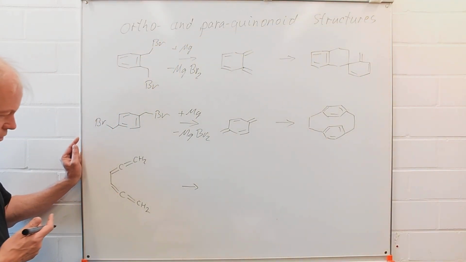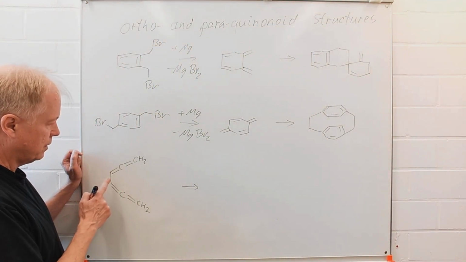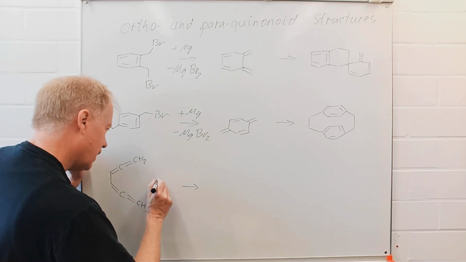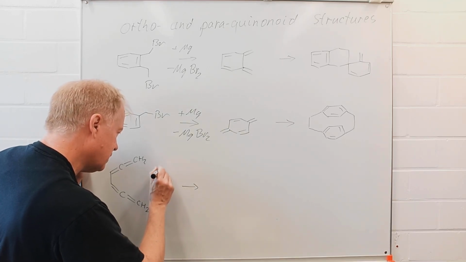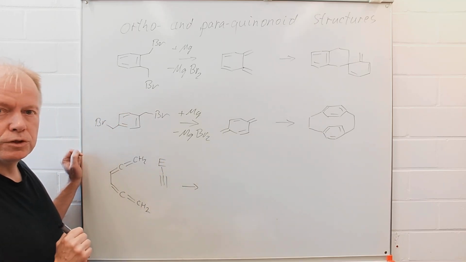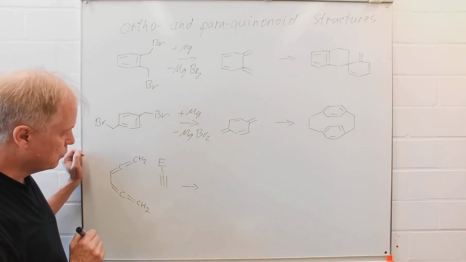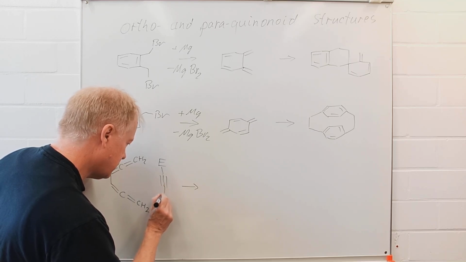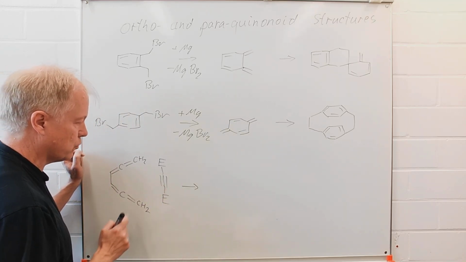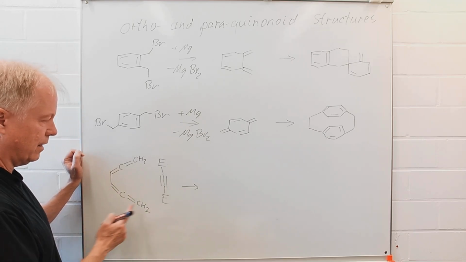He started from this bisalene and with an alkyne substituted by electron withdrawing groups, so that it becomes a good electron poor dienophile.